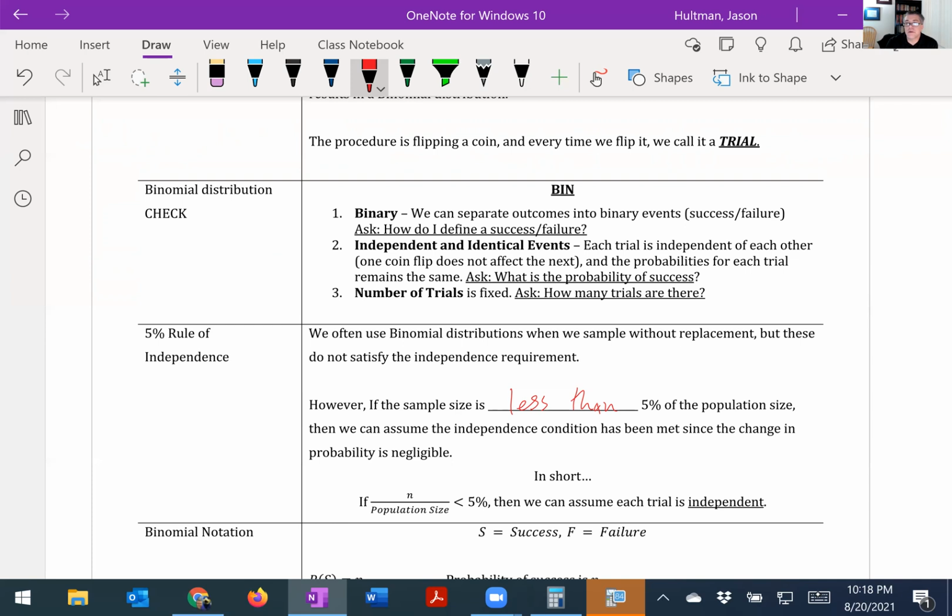The change from without replacement to with replacement is negligible. So in short, if n, the sample size, over the population size is less than 5%, then we can assume each trial is independent.